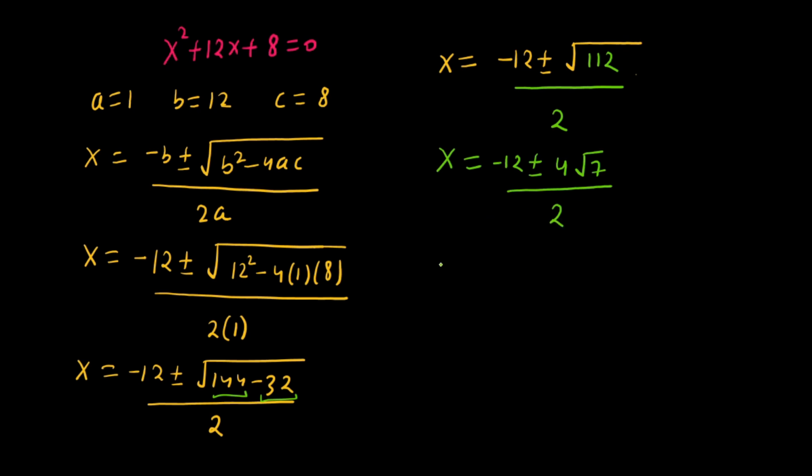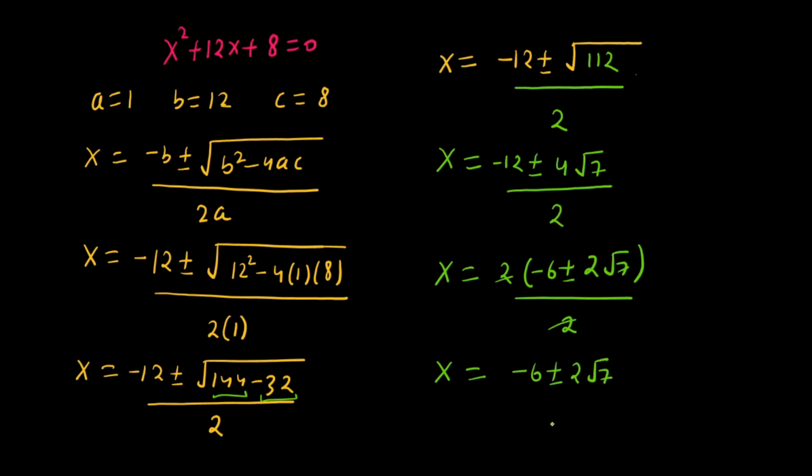In the numerator, if we take 2 common, then minus 6 plus or minus 2 times square root of 7, divided by 2, then this 2 and this 2 cancel out, then the x value is minus 6 plus or minus 2 times square root of 7.